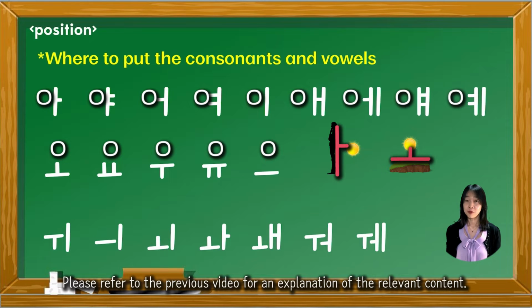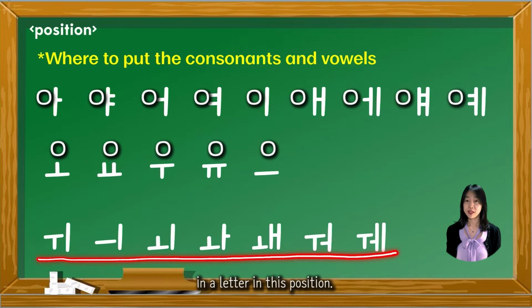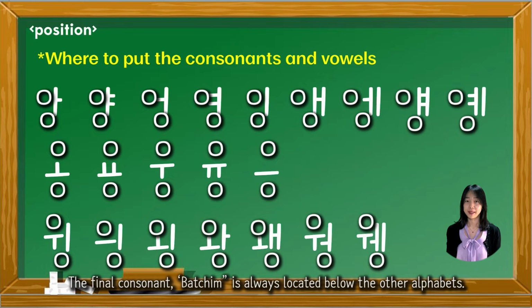Please refer to the previous video for an explanation of the relevant content. And some letters, with both horizontal and vertical lines, can be together in a letter in this position. The final consonant 받침 is always located below the other alphabets.